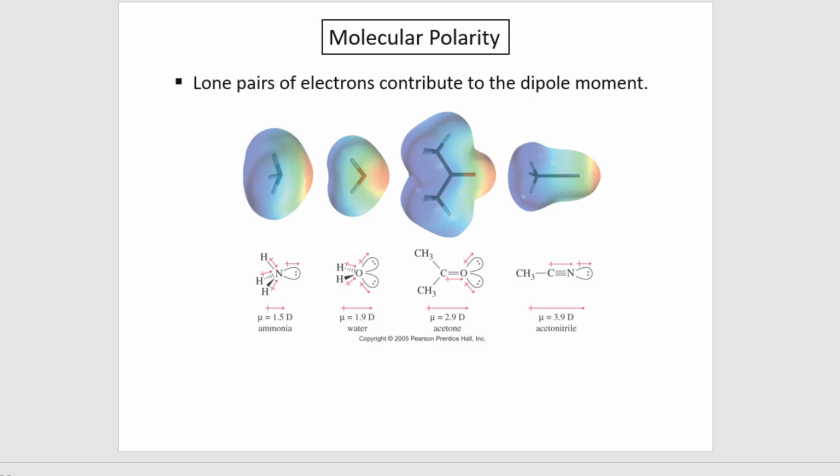And likewise, lastly with acetonitrile, the carbon to nitrogen difference is shown by the vector from carbon partially plus to nitrogen partially minus. The nitrogen lone pair also points in the same exact direction. So you're not splitting the difference there. They're all additive in exactly the same way, which makes an even greater dipole moment.